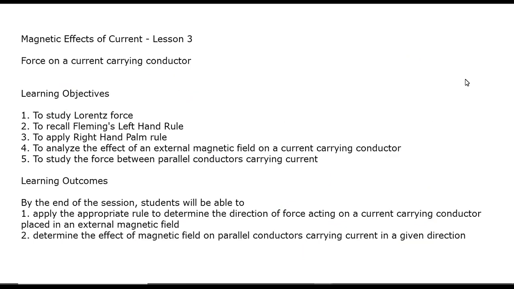Now that we are going to come into physical quantities that are vectors, we have to know about the rules that are going to help us in determining the direction of the resultant vector. So we are going to recall Fleming's left-hand rule, which you have already done in your lower classes. And a simplified form of Fleming's left-hand rule is the right-hand palm rule. We will have a look at that also.